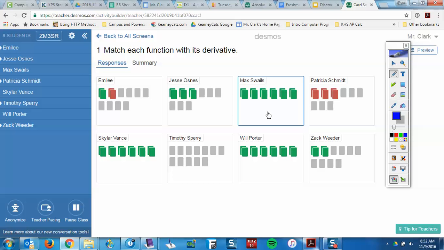Max, you got them on the first screen. Will, yours are right on the first screen.